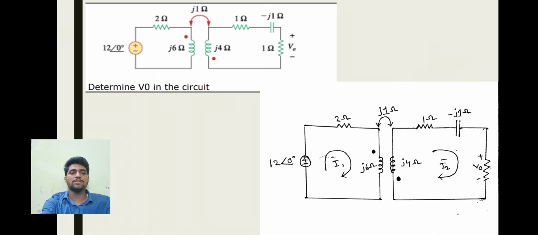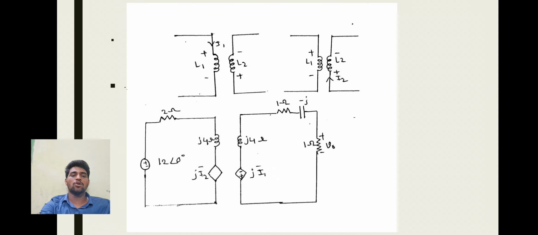The current flowing in the first loop is named I1 and in the second loop is named I2. From this we can draw the following figures with L1 and L2 following the positive and negative polarities. From those we can draw the circuits below with 12 angle 0 degrees, 2 ohms, j4 ohms, j I2 bar, j1, j4 ohm, 1 ohm.